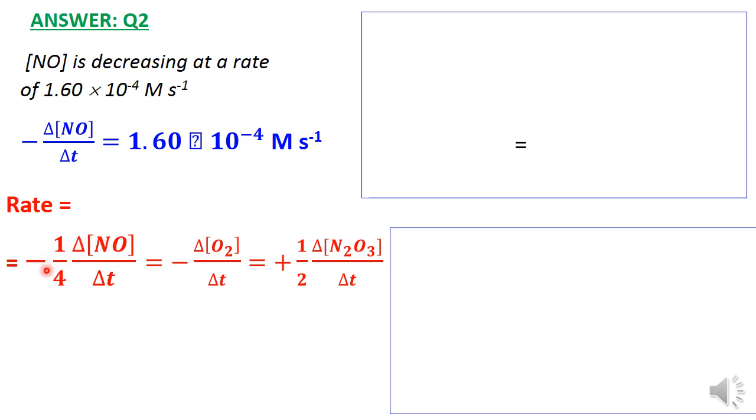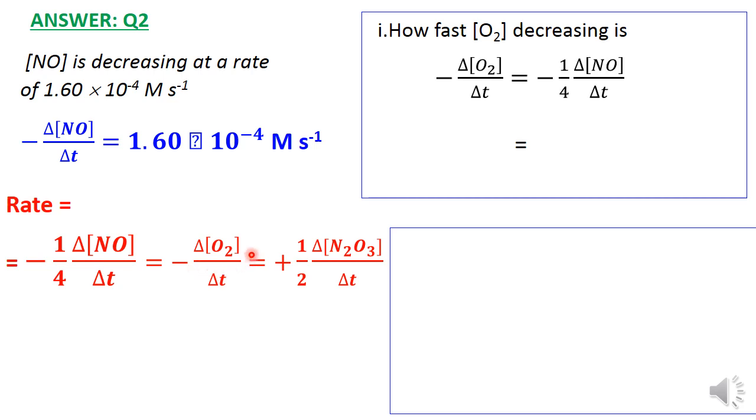Then you know the relationship between the rate for the decreasing of NO and the decreasing of O2. So to find how fast oxygen is decreasing, we relate the two.